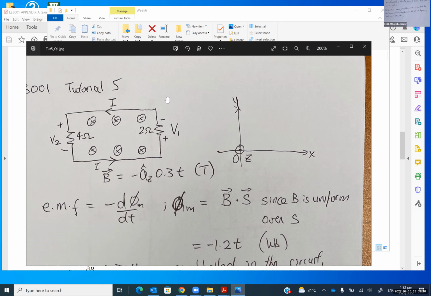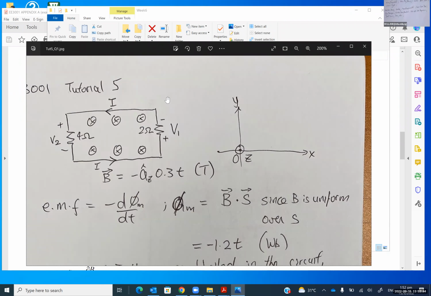Remember, the current flows out of the positive terminal of the battery, coming back into the negative terminal. Insert that battery in there, then I'm sure you know how to calculate I. If you don't, you will wonder what is causing the I to flow. No battery.